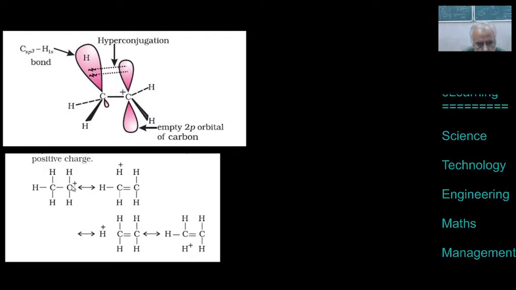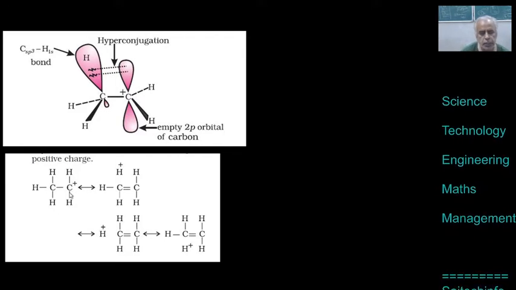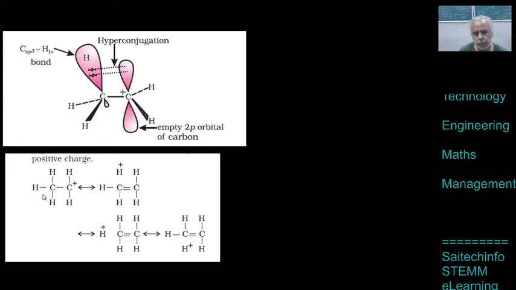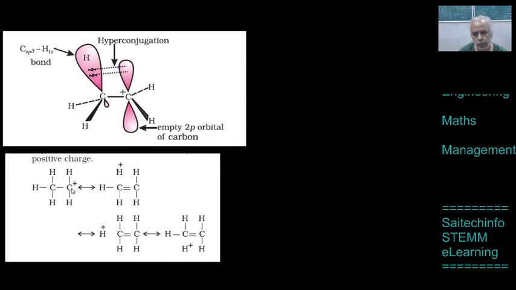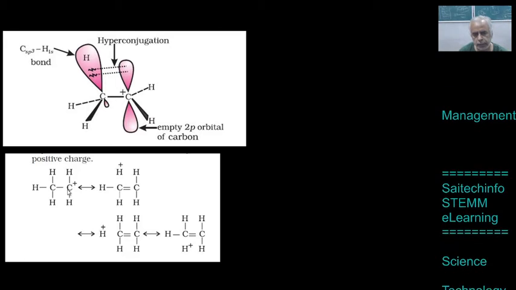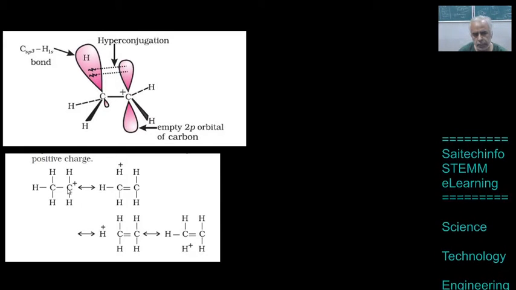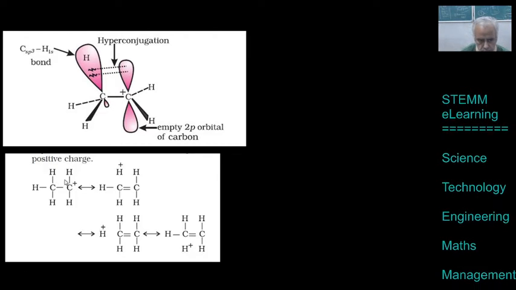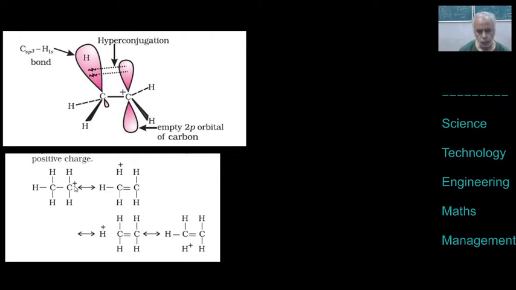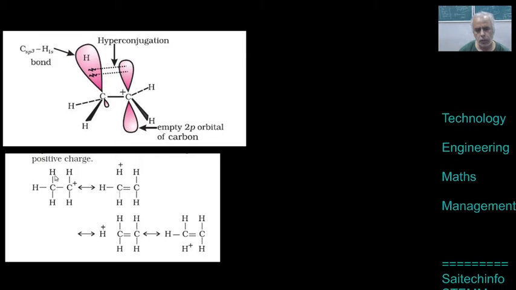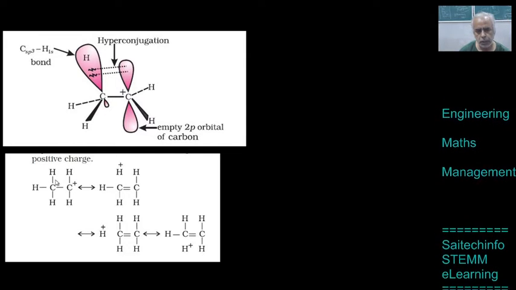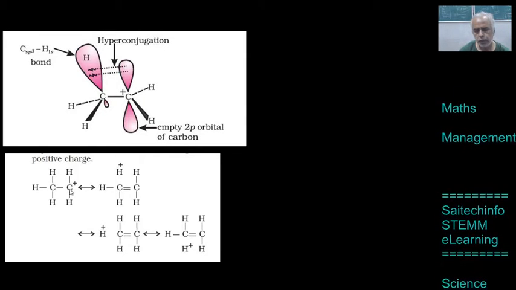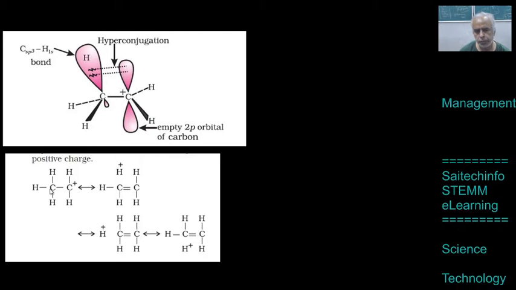Now let us consider CH3CH2+, that is ethyl cation, and this can undergo a resonance. What kind of resonance? In order to compensate this plus charge, what happens here is, you have got alpha and this is beta.